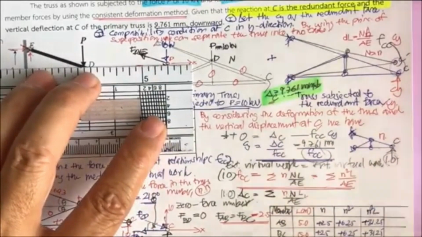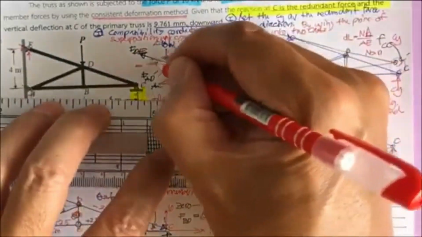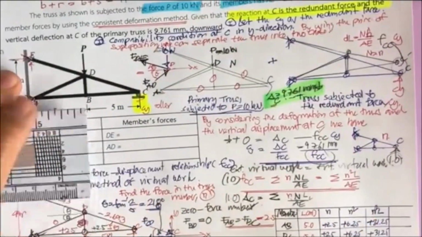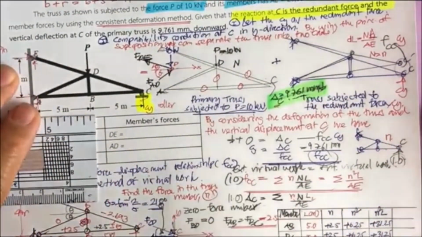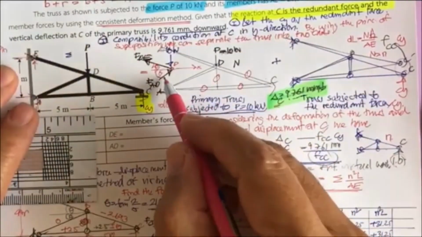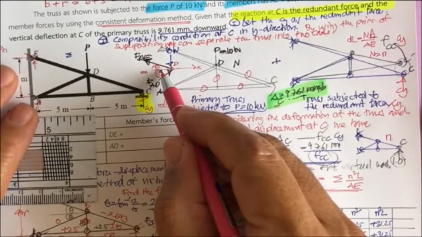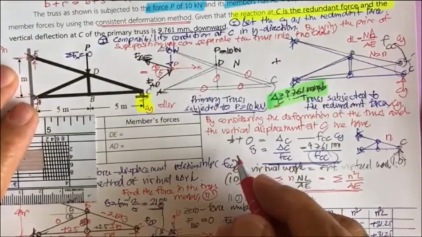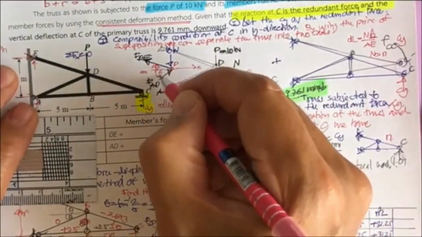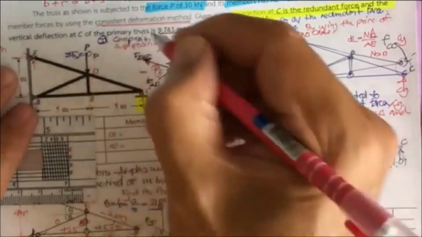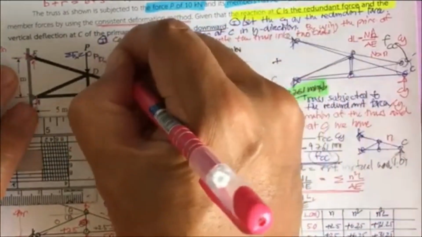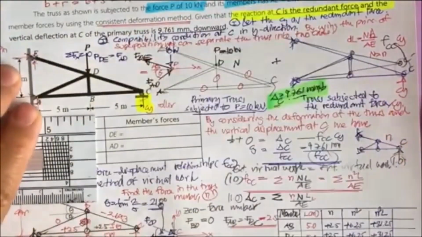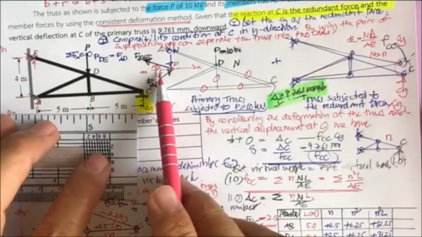And you may know that the angle here is theta, and this one also theta. Now, based upon this, you may use summation of f sub x equal to 0. You have cosine and cosine, so f sub DE will equal f sub AD, since they have the same theta.